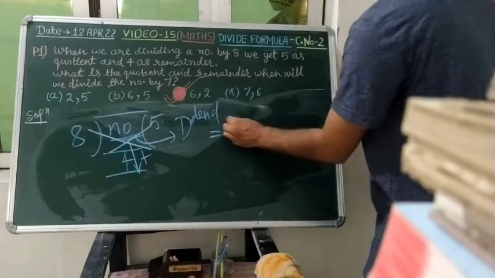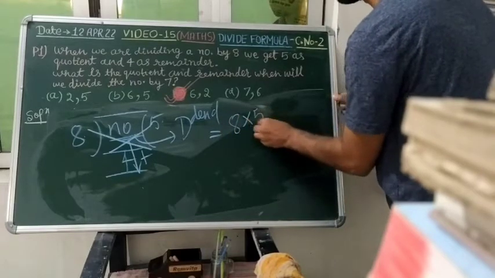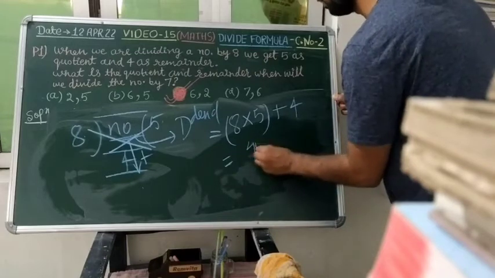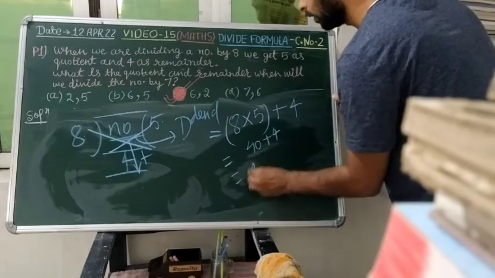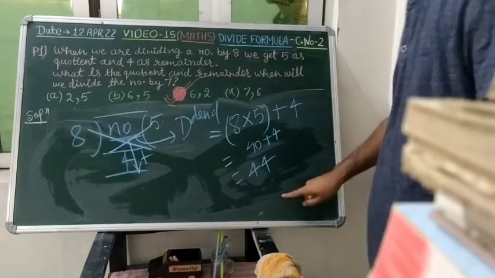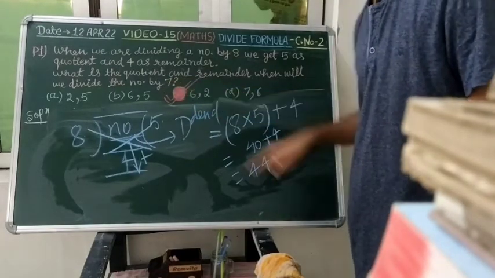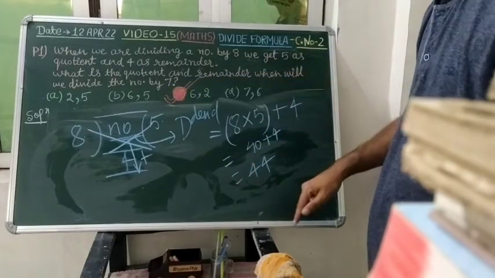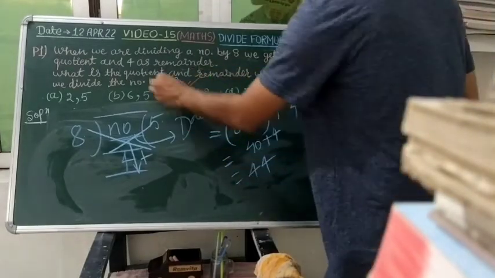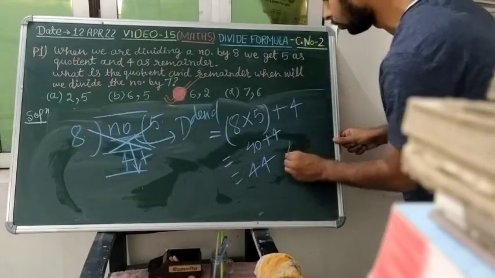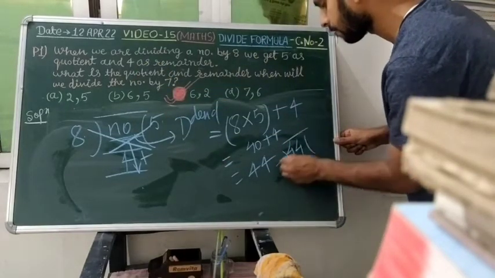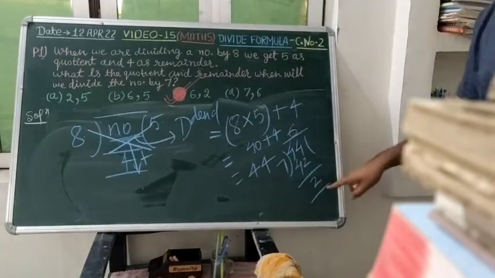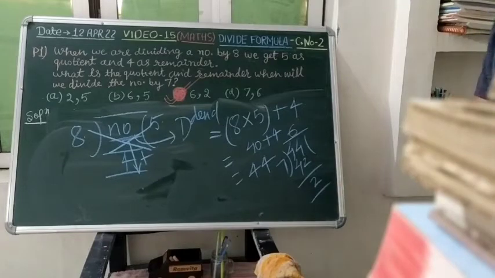So 8 into 5 plus remainder 4 is 40 plus 4, 44. And that 44 you are dividing by 7. When you divide 44 by 7, it will go 6 times, and 2 will come as your remainder.